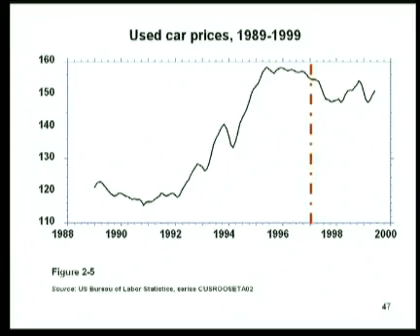We had a flood of off-lease vehicles that inundated the market in 1997, so used car prices fell significantly. And the data show that the aggregate for all used cars, the drop for late model vehicles was much deeper and was most severe in the segments in which the leasing had grown most rapidly.